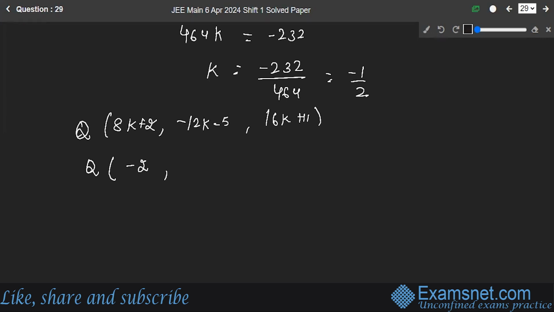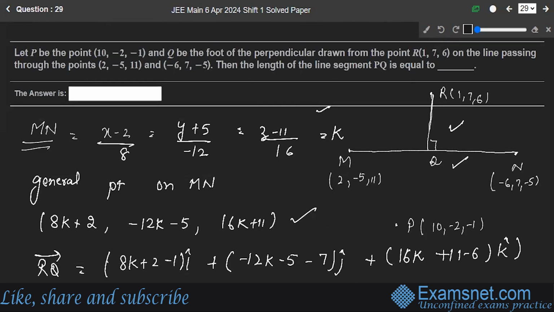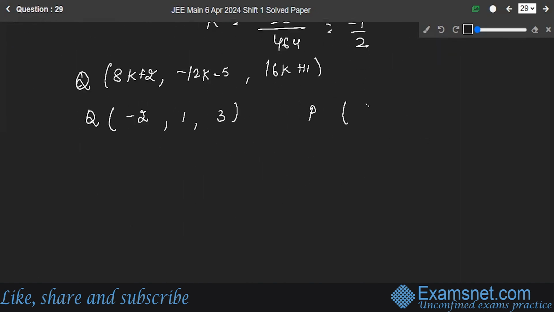And 6 minus 5, this will give me 1. Minus 8 plus 11, this will give me 3. These are the coordinates for Q. I already have the coordinates for P. This is given in the question as (10, minus 2, minus 1).